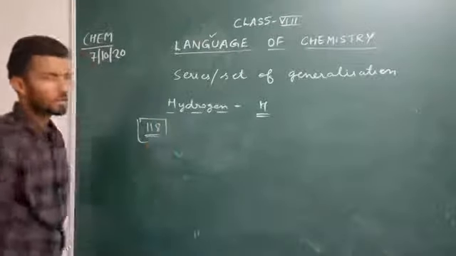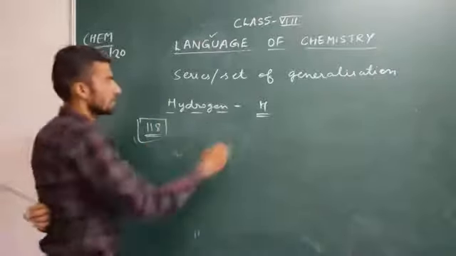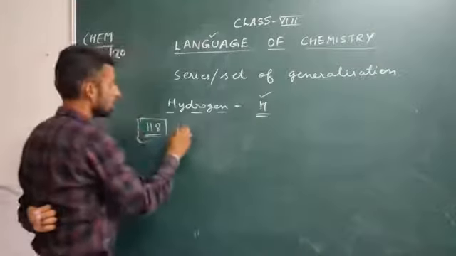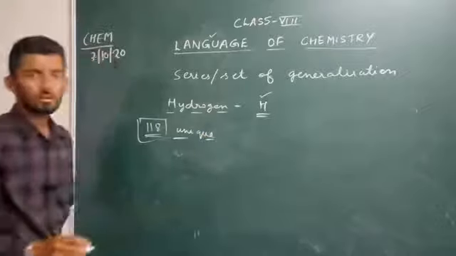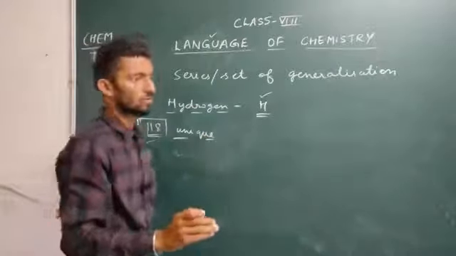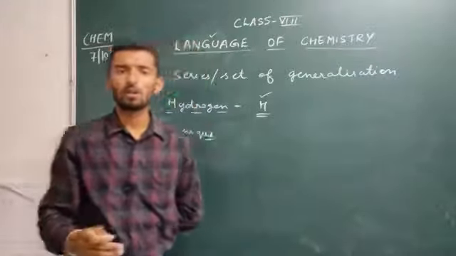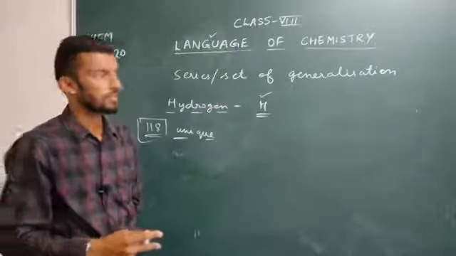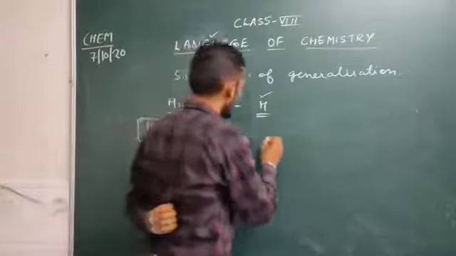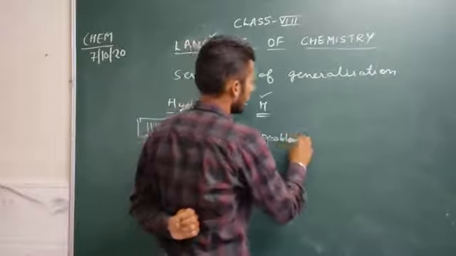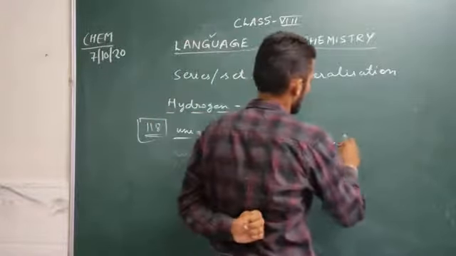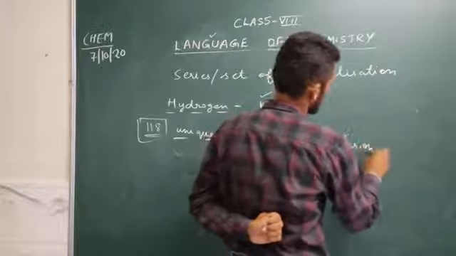So each and every particular element has its unique symbol. Why is the symbol unique? It is so because if we use the same symbols for two different elements, then there will be a problem and confusion while studying the different elements.